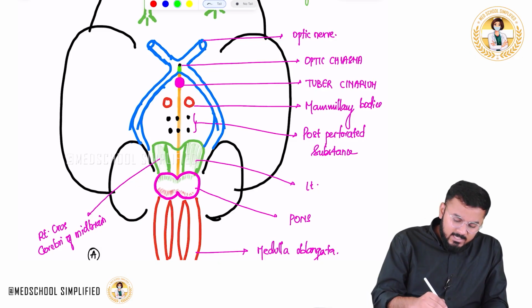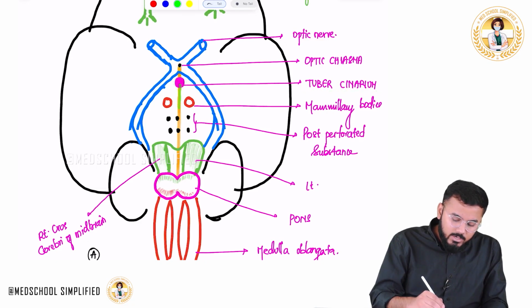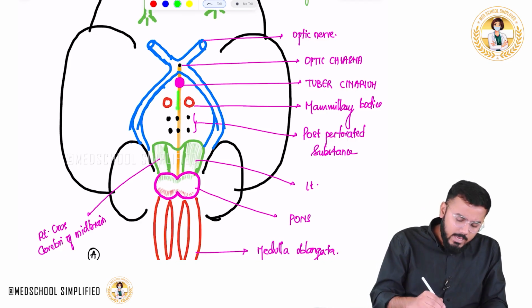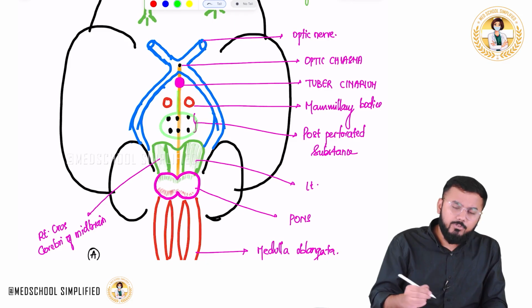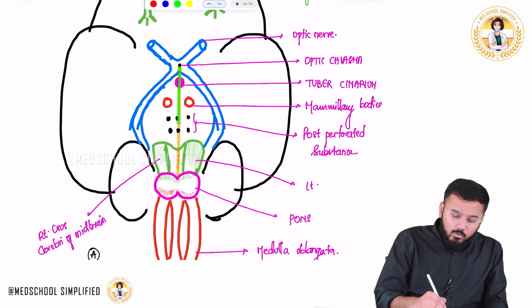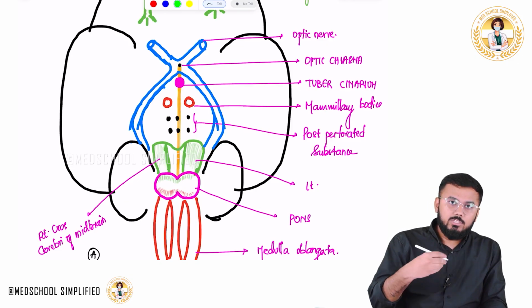But as this line is coming down, it is touching the second important thing. What is this? Tuber cinereum. As the line is coming down, is it touching the mammary bodies? No. So we are not including them. As we are coming down, it is touching the posterior perforated substance. Yes. And next, as this line is coming down, what all structures it is coming nearer to are the structures of the floor.